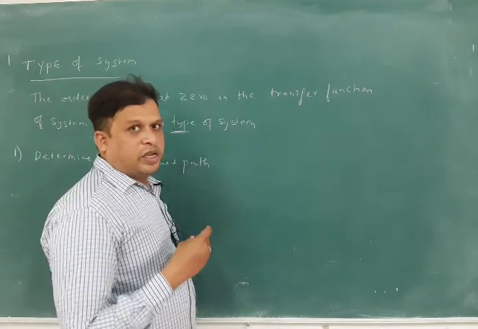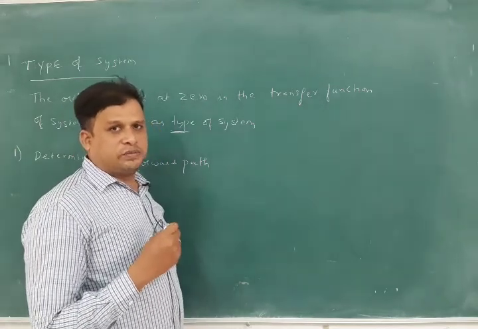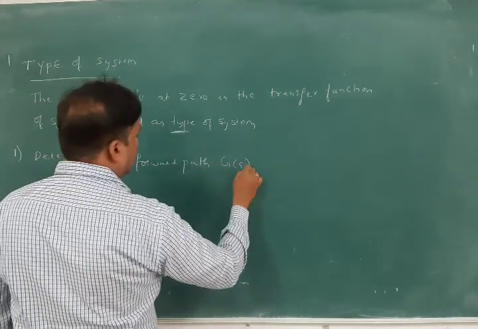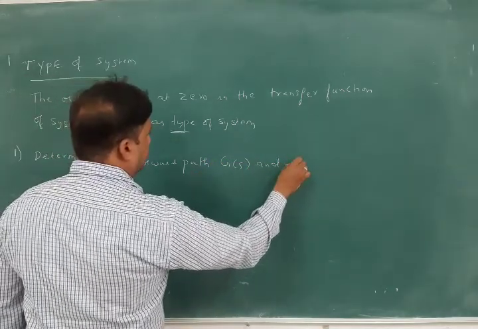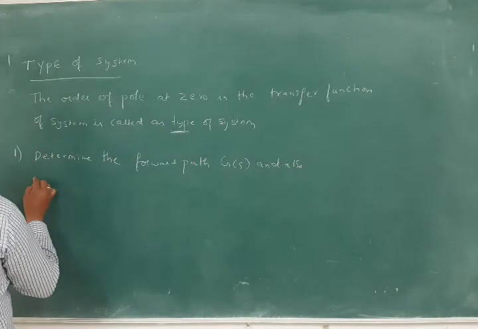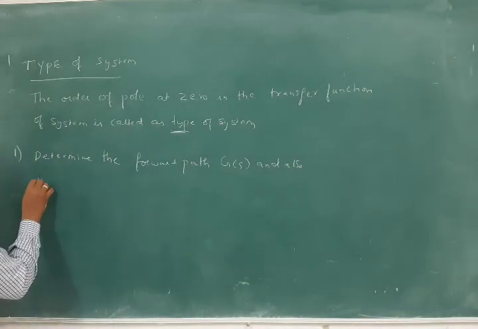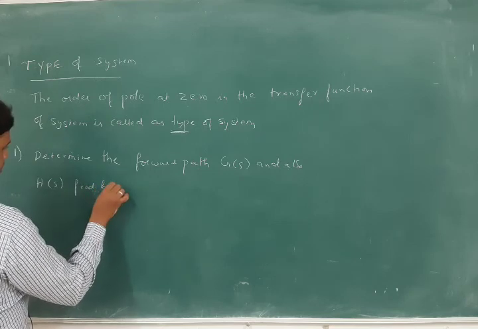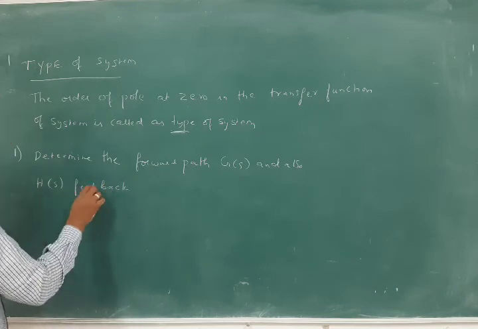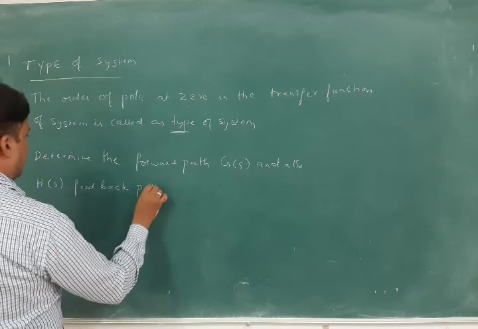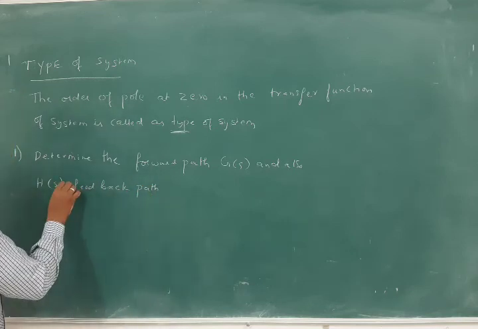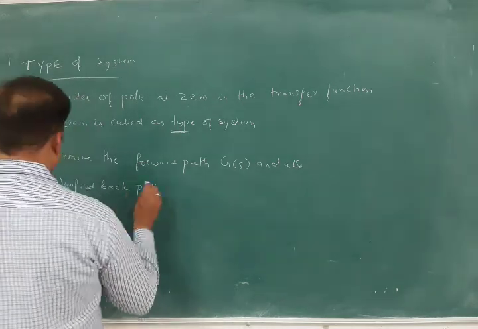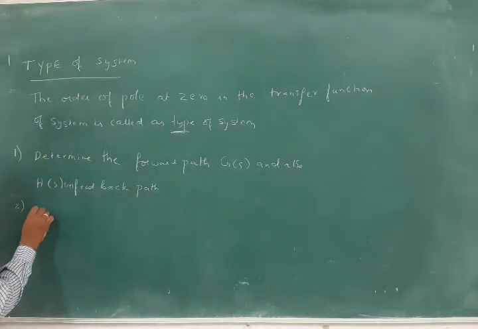Already we have written the transfer function, a very simple control system. Determine the forward path G of s and also H of s, the feedback path, and calculate the loop transfer function.